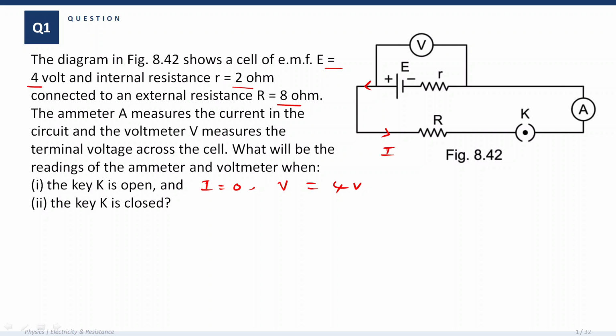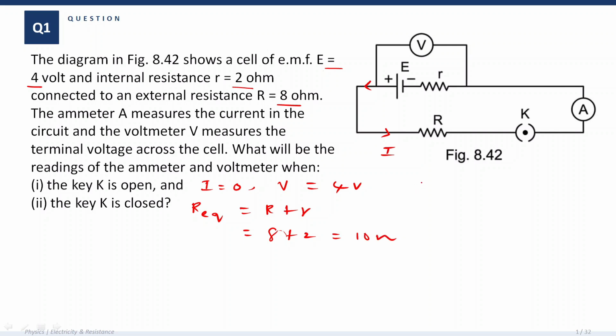We are going to find first the total equivalent resistance. So I will write here R equivalent equal to external resistance plus internal resistance. Both are in series. Then R equal to 8 ohm external plus 2 internal, that equals 10 ohms.